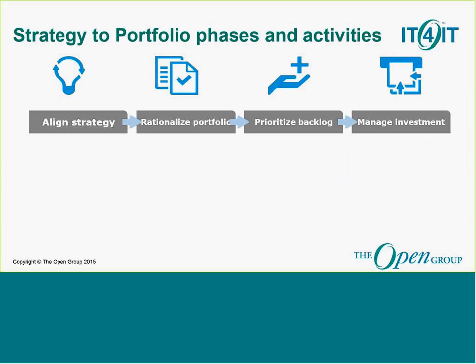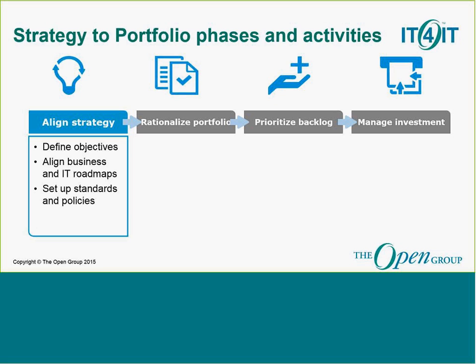Strategy to portfolio is thought of as really four major phases or aggregates of activities. The first one is aligning to strategy. This is where we really focus on aligning what we do, what we operate, and what we invest in IT with the business objectives.